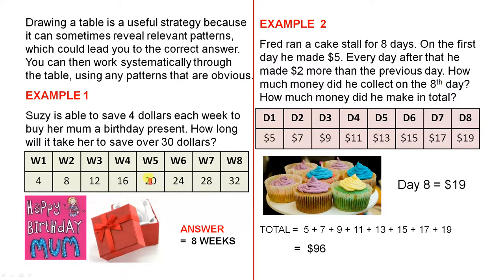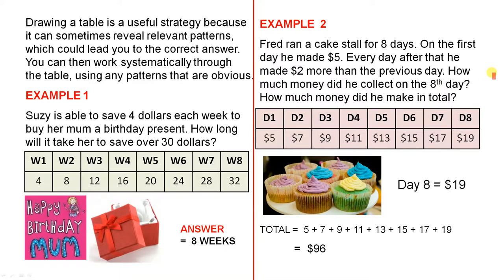I think you can see that that's actually the 4 times tables. So can you see, each week you go up, you keep adding $4, and look what's happened here. We have 32 for the 8th week, which is over $30. So the answer, it will take her 8 weeks to save over $30.